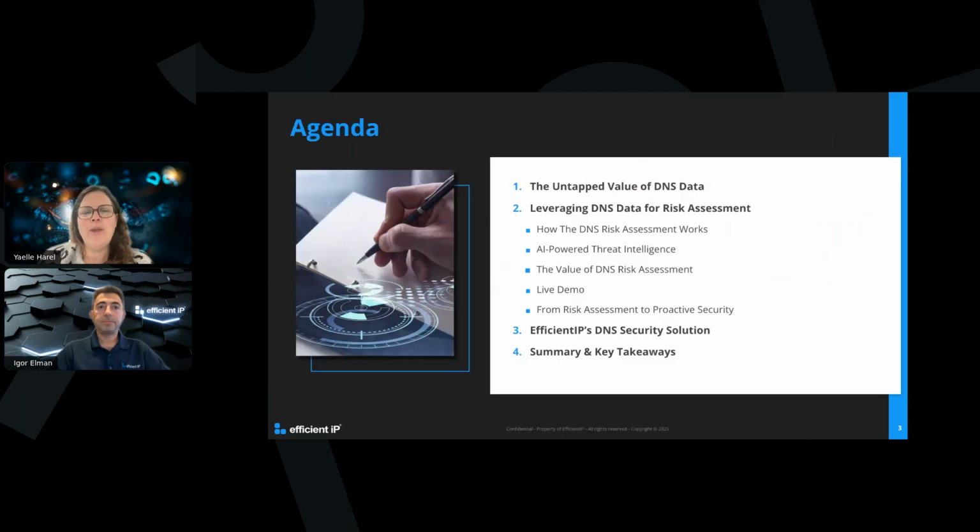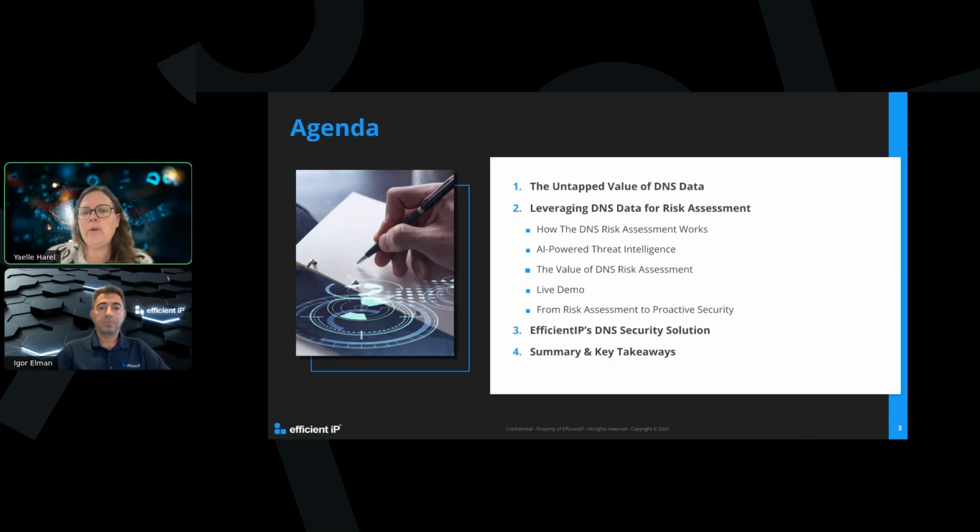Thank you, Igor. So here's what we will cover today. We will start with why DNS data matters for security and how we can use it to understand what's happening in our network. Then Igor will walk you through how DNS Risk Assessment works with the introduction of our tool. He will speak about the role of AI in detecting suspicious activity, and we will then jump into a live demo.